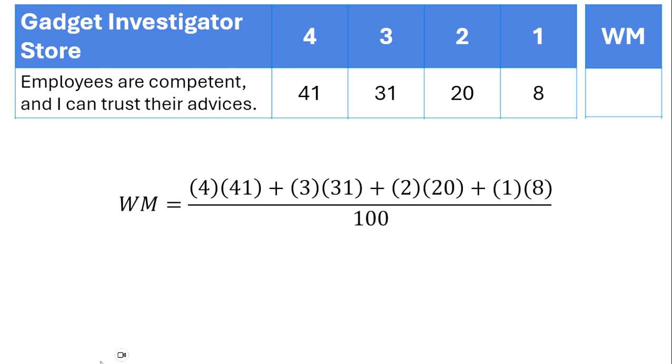With that, we'll have a total of 305. 305 divided by 100 is 3.05, and its verbal interpretation is agree. So most of the respondents agreed that employees are competent and they can trust their advices.